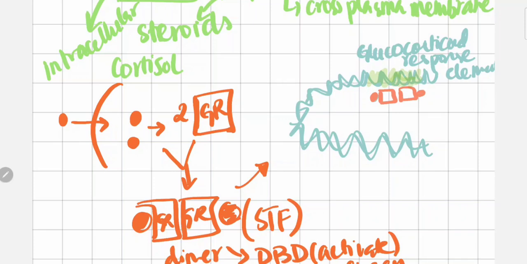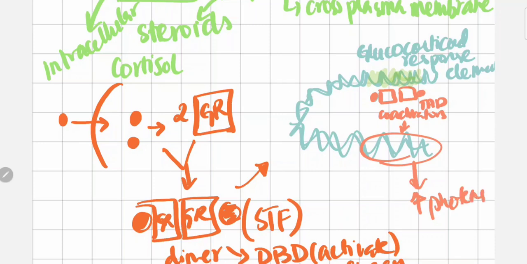Of course, when the DNA binding domain is attached to the GRE, it is also going to have a TAD that is going to activate coactivators, and those coactivators are going to increase the transcription of the target gene, and that will increase the different proteins that will be transcribed. And that is it for this.